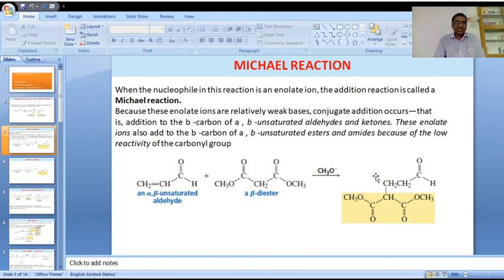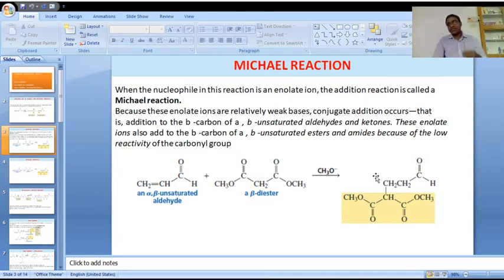These enolate ions also add to the beta carbon of an alpha beta unsaturated ester or amide.